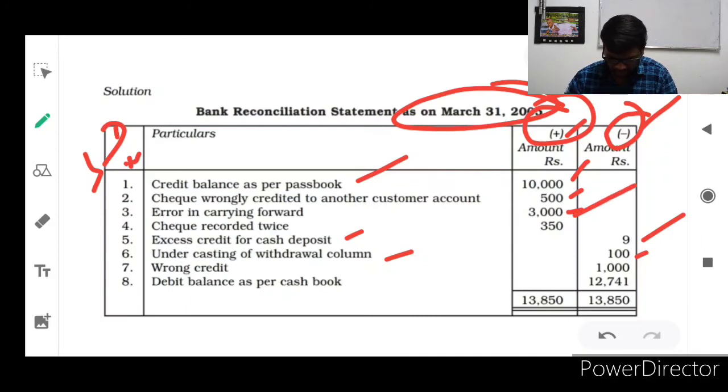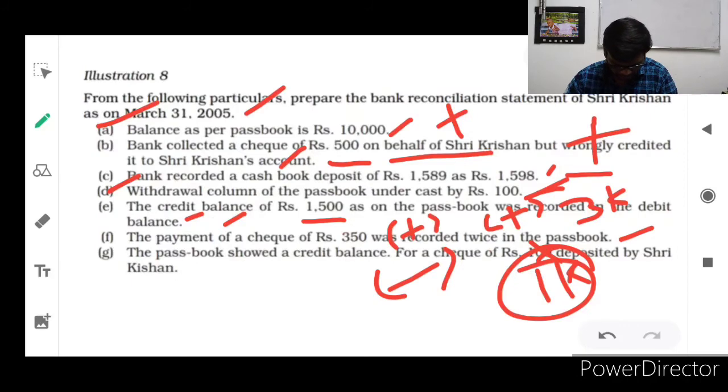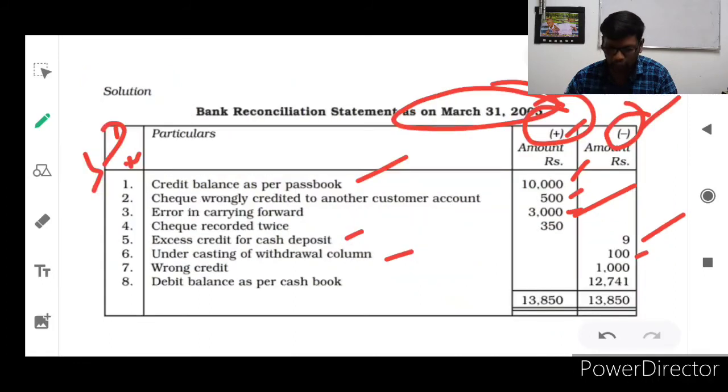And next one, F. The payment of a check of rupees 350 was recorded twice in the passbook. Instead of debiting 350 rupees, 700 rupees were debited, banker's mistake. So 350 rupees will be credited in your bank account after scrutinizing.